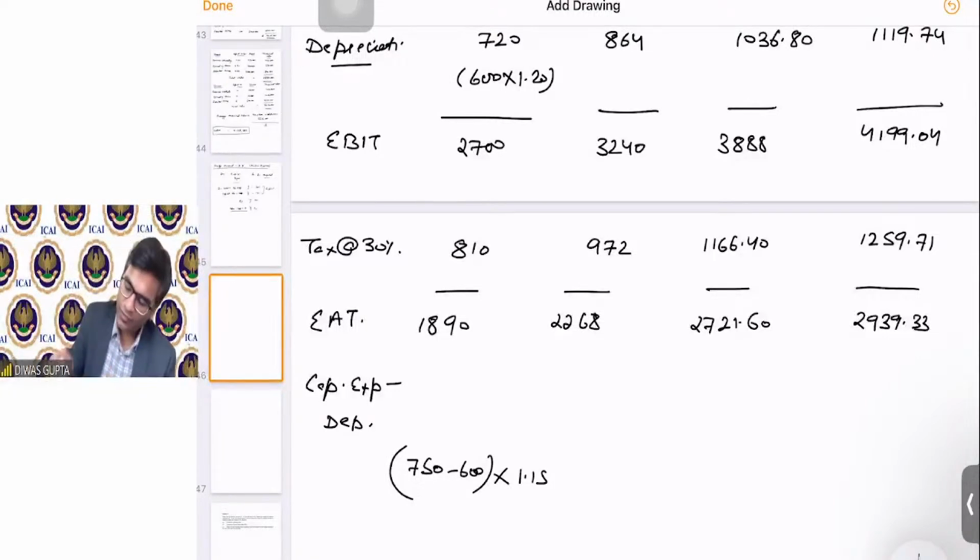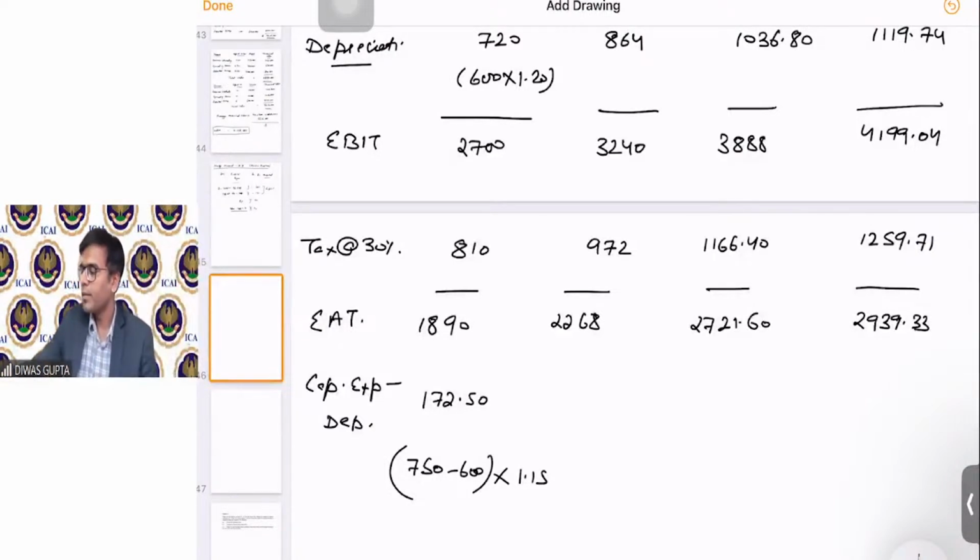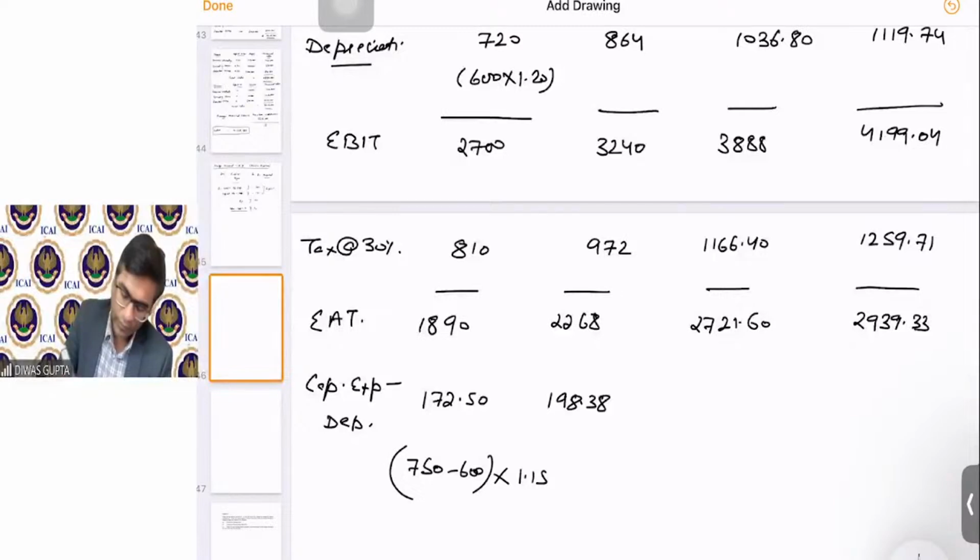So this becomes 172.50. Again, 172.50 plus 15% for the next year. This becomes 198.38, plus another 15% comes out to be 228.13.